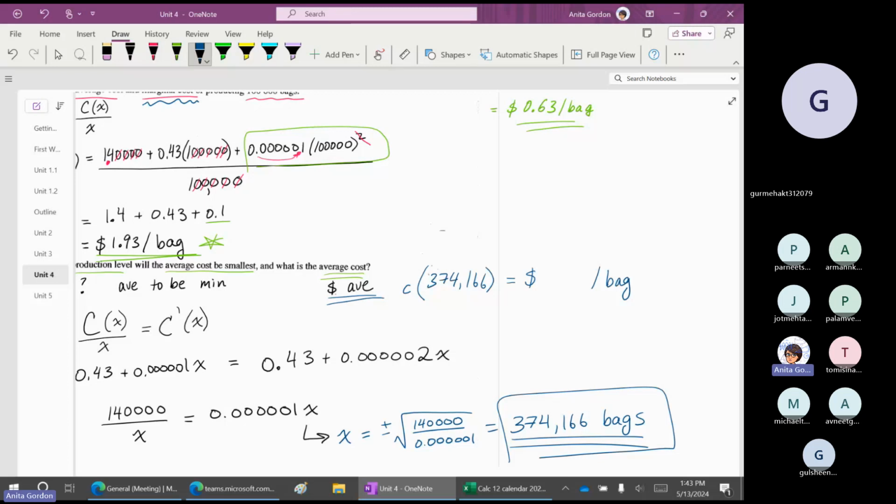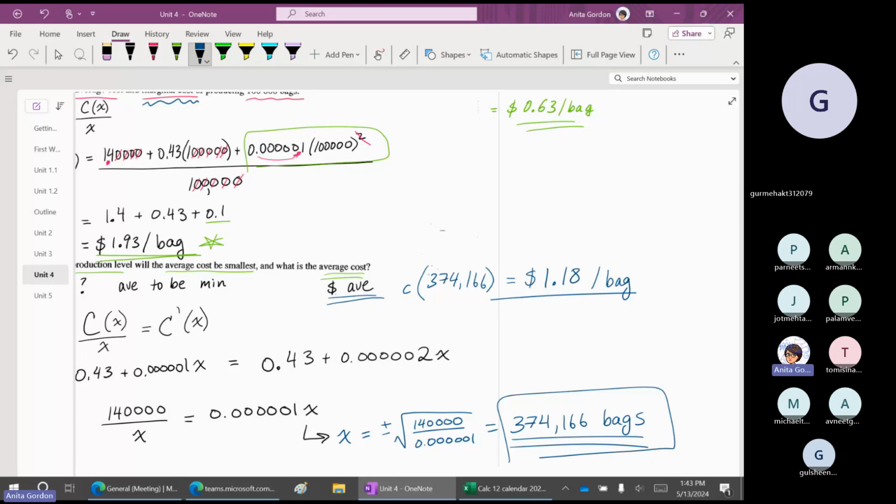Make sure you're typing it in carefully. Type it in your calculator. What do you get? $1.18. Good. Beautiful.